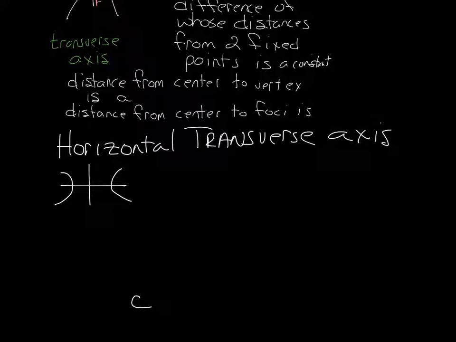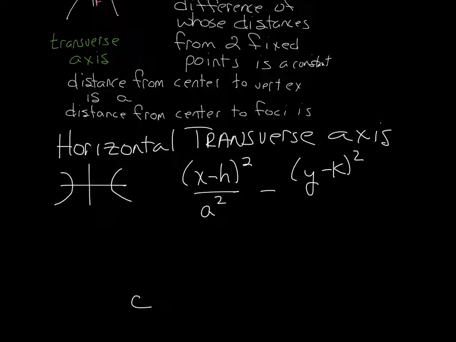Our formula is going to be x minus h squared over a squared minus y minus k squared over b squared equals 1. Okay, and we'll say the center is h, k. The center's always h, k, except for a parabola where that's the vertex. This is a horizontal transverse axis.